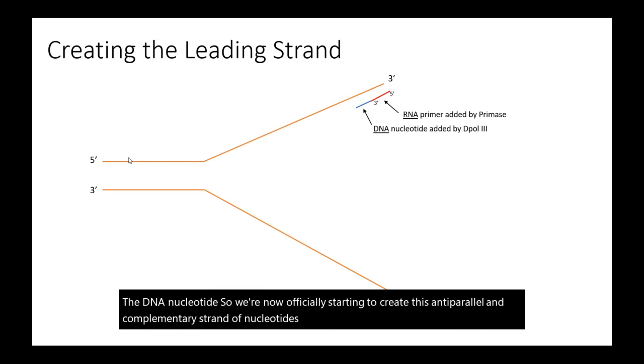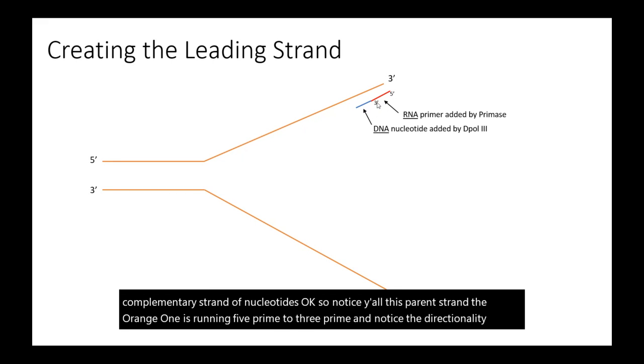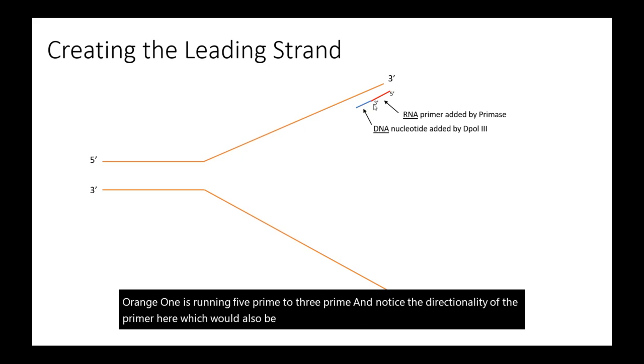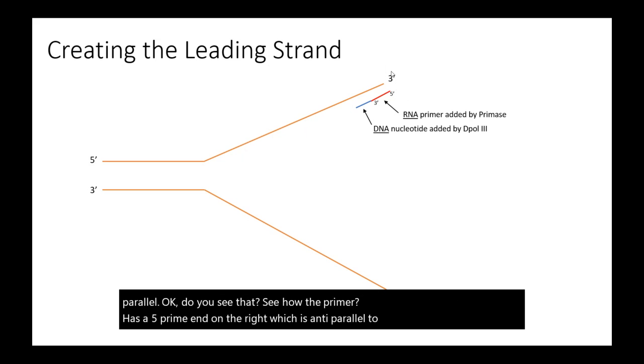So notice, y'all, this parent strand, the orange one, is running 5' to 3'. And notice the directionality of the primer here, which would also be the same for this piece of DNA. Notice it's anti-parallel, okay? Do you see that? See how the primer has a 5' end on the right, which is anti-parallel to that 3' parent strand?